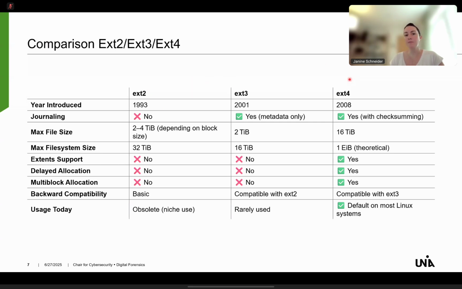As you can see here, Ext3 adds stuff to Ext2, Ext4 adds some stuff to Ext3, but the basic idea and the basic structure remain the same. So this is why we will mainly talk about Ext3 today. Ext4 supports something called extents, which is also known from other file systems like BTRFS.